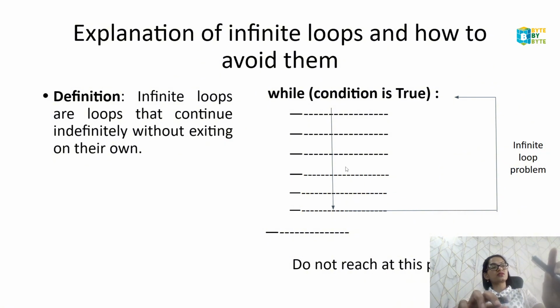So what are the causes of this? If you forgot to update your control variables, then it will go into an infinite loop. Or if you miswrite the loop conditions, or you write an incorrect terminating condition, or incorrect loop control.